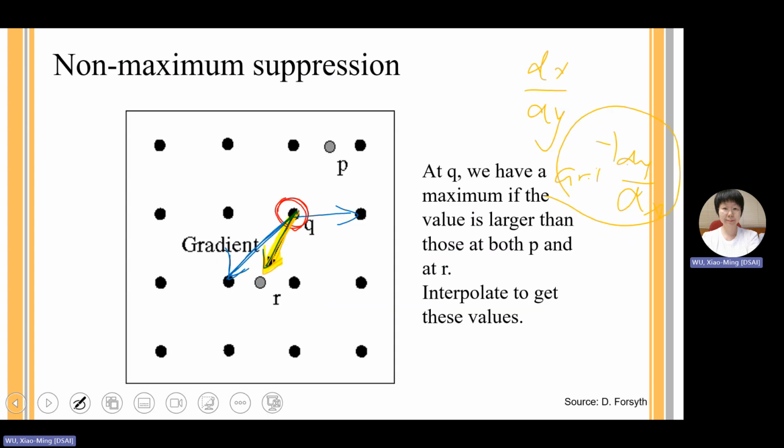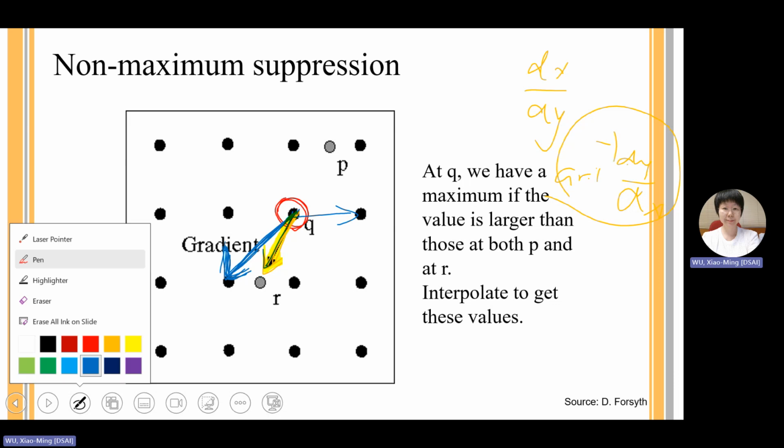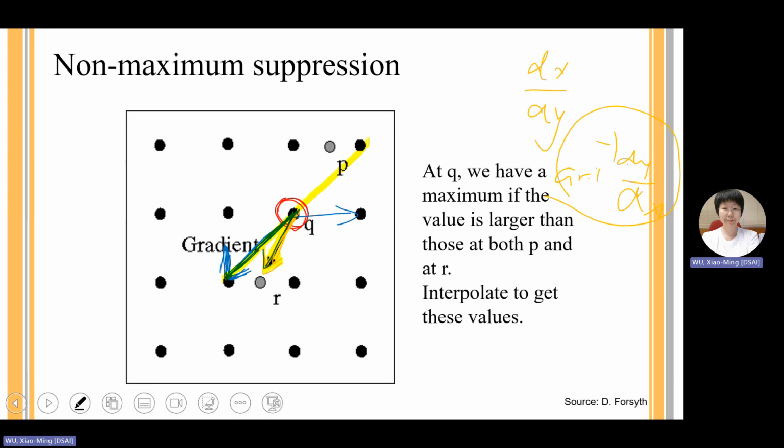So we are going to round the yellow, the real direction, to its closest angle direction, which may be this one. Okay, and then we do non-maximum suppression along this rounded angle direction.